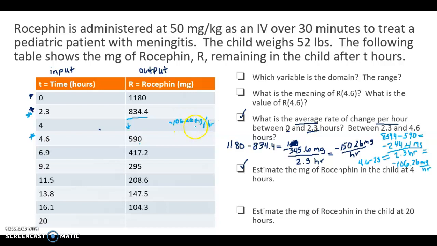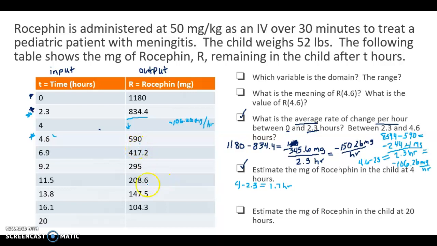That's how fast it's dropping. So it started here at 834.4 at the 2.3 hour mark. It's dropping this much per hour. So what I need to figure out is from 2.3 to 4 hours, how much time has elapsed. So I simply do some subtraction. I take 4 and I subtract the 2.3, and I find that this 4-hour mark would be 1.7 hours after that last recorded measurement of 2.3.